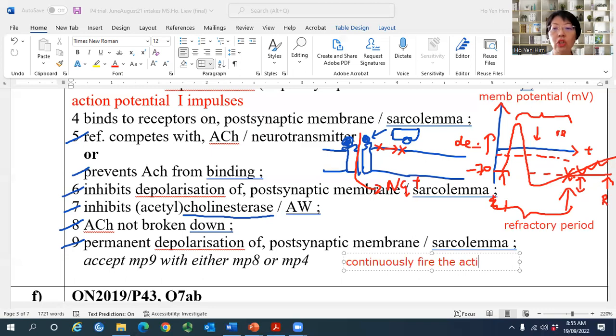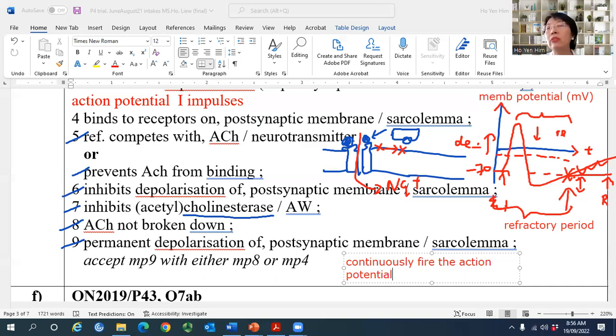If you continuously fire action potentials, that means the muscle must keep on contracting. But if the muscle keeps on contracting, there will not be enough ATP and not enough oxygen to supply the continuous contraction. Muscle contracts, releases, contracts, releases, all the time.